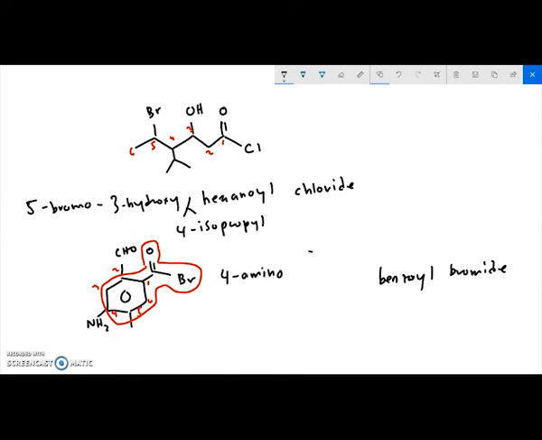Then we have the formyl, which is represented by the CHO. So this will become 2-formyl. And finally, we have 5-methyl. Again, we're going to arrange them based on alphabetical order. So the name will end up as 4-amino-2-formyl-5-methylbenzoyl bromide.